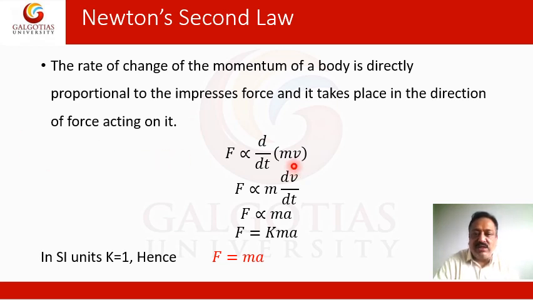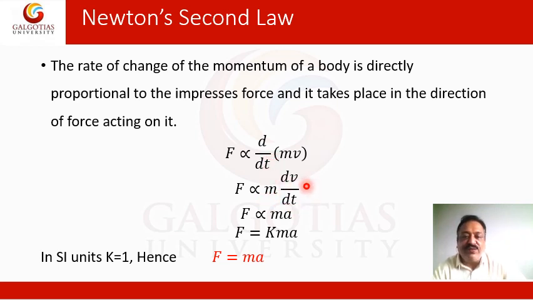If the body's mass is constant, I can take it outside the differential d by dt, and I can write it in a second line like this: F is proportional to m times d by dt of velocity alone, not the linear momentum, because mass is constant. So it can safely come out of the differential, and it will become m dv by dt.